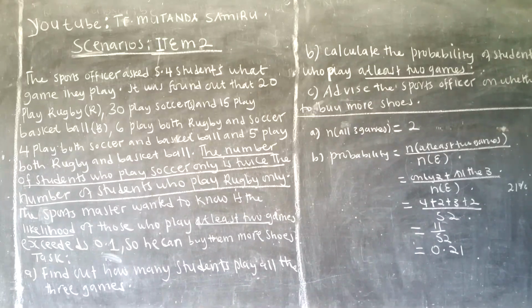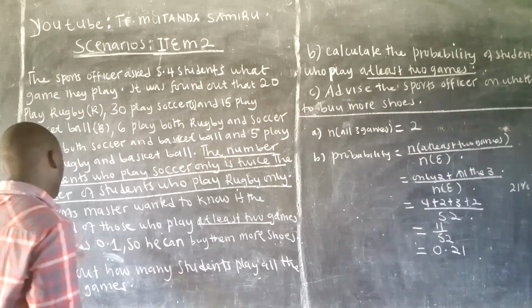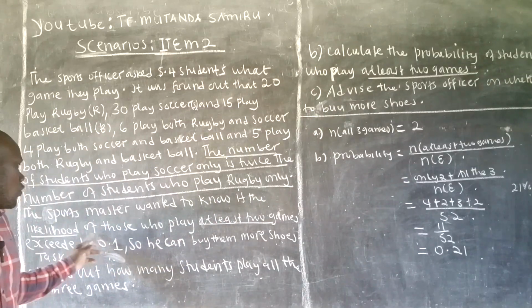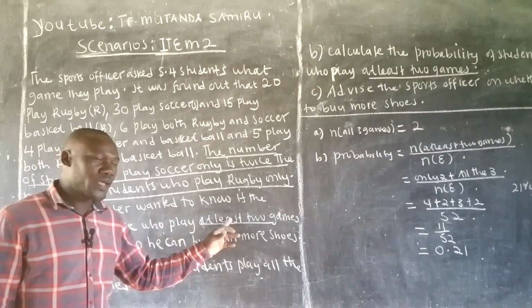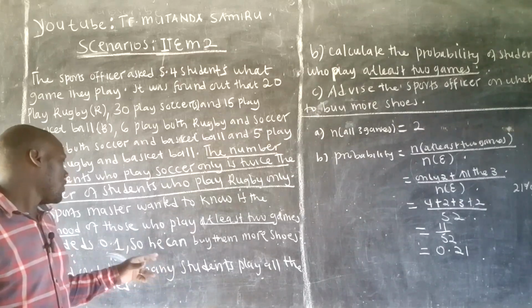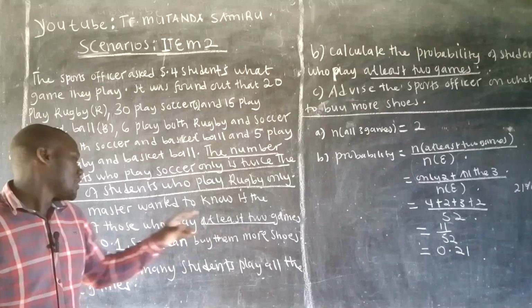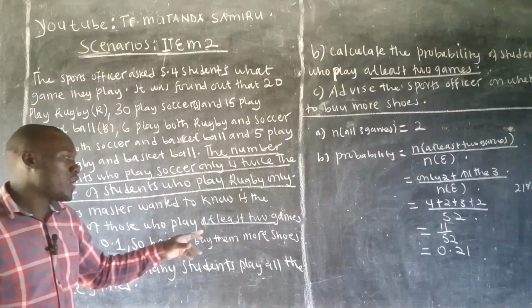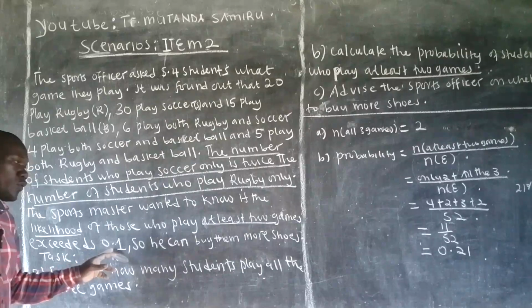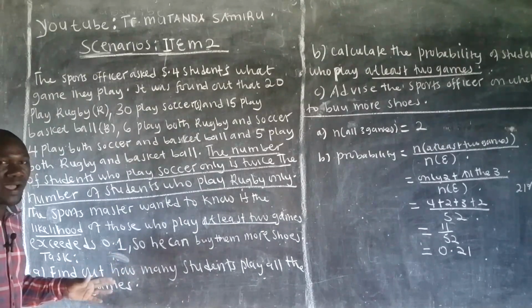Now, using this point, they're saying the sports master wanted to know if the likelihood of those who play at least two games exceeds 0.1. If likelihood means probability, you are going to find the probability of at least 2 games. If it exceeds 0.1, then he has to buy them shoes. If it is less than 0.1, he doesn't buy. Now let's go and see.